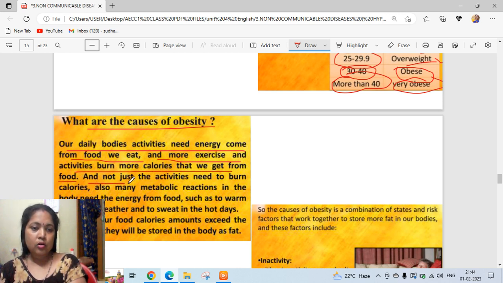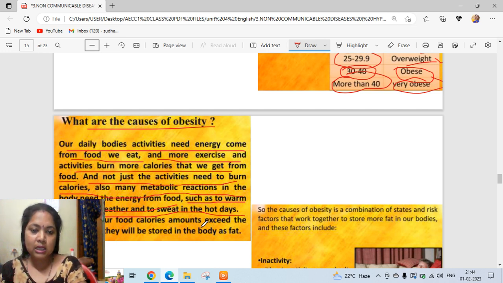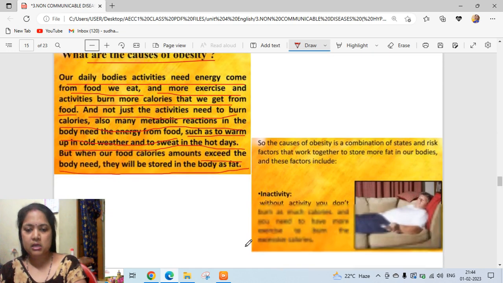And it's not just activities that need to burn calories, many metabolic reactions in the body also need the energy from food, such as to warm up in cold weather and to sweat on hot days. But when our body's calorie intake exceeds the body's need, it will be stored in the body as fat.